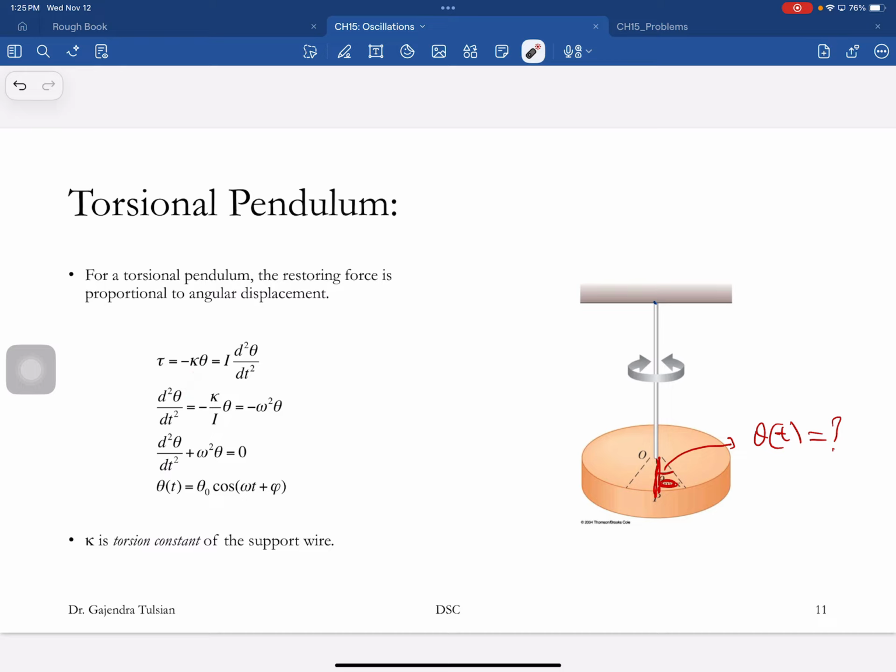In this case, the solution will be either a cosine or a sine function. What does Mr. Newton tell you? You apply a torque on an object, that will equal I times alpha, the angular acceleration. Alpha is d squared theta by dt squared.